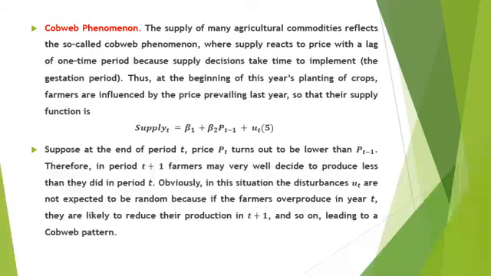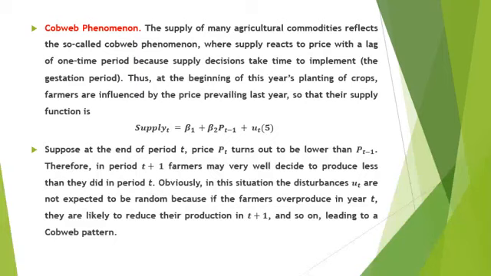Thus, at the beginning of this season's planting of crops, farmers are influenced by the price that prevailed last year, so that their supply function becomes supply of this period is equal to beta 1 plus beta 2 into price prevailed during the last season plus ut, an error term.